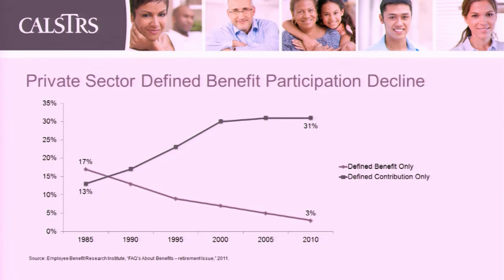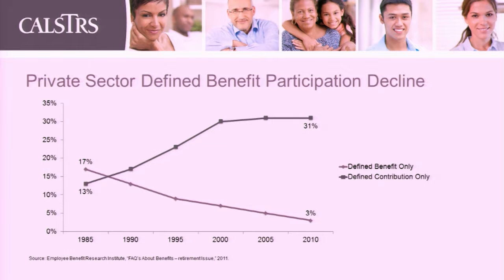And looking at where this additional income might come from, we can look at the trend line and the transition in the private sector, where employers had been offering more defined benefit plans, and that has changed to now offering more defined contribution plans. And the trend line, it is what it is. It's, I think, very well known.